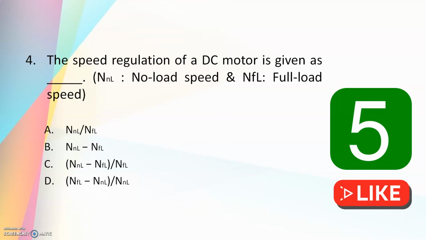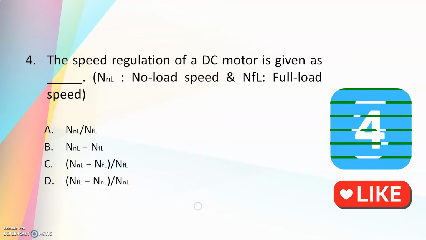The speed regulation of a DC motor is given as: NNL divided by NFL, NNL minus NFL, NNL minus NFL by NFL, NFL minus NNL by NNL, where NNL is the no load speed and NFL is the full load speed.